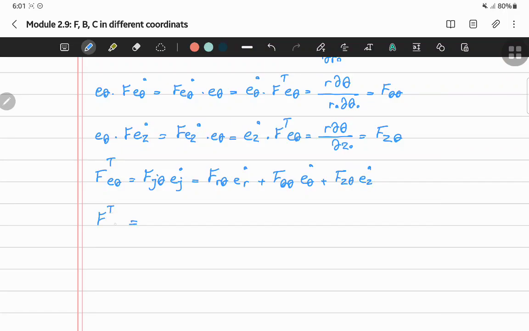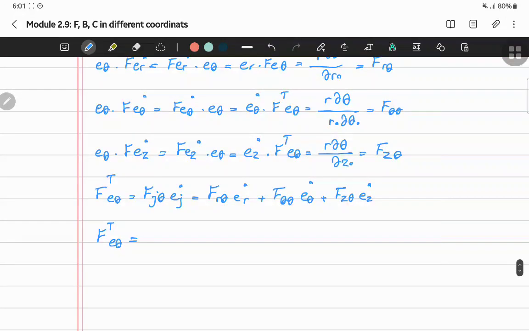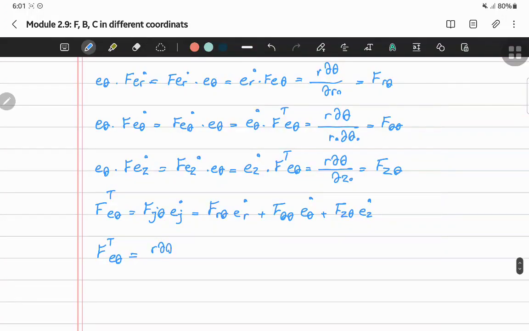So F transpose E theta is equal to R partial derivative of theta with respect to R0 E R0, plus R partial derivative of theta with respect to theta 0 E theta 0, plus R partial derivative of theta with respect to Z0 E Z0. All right.